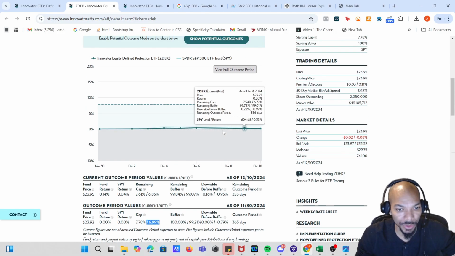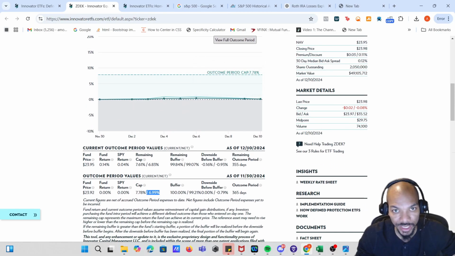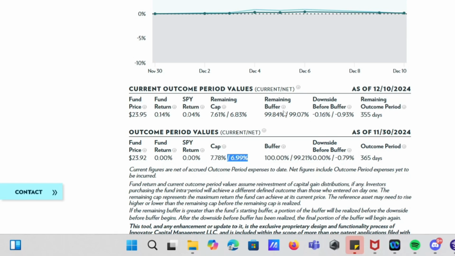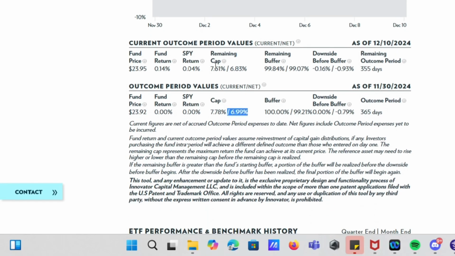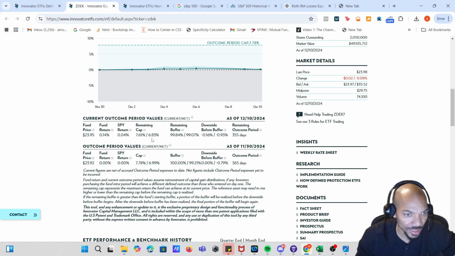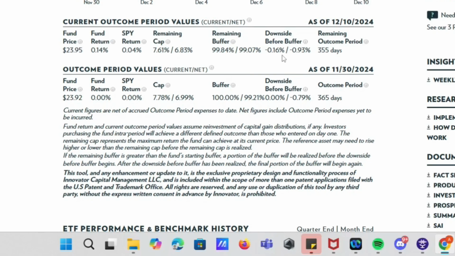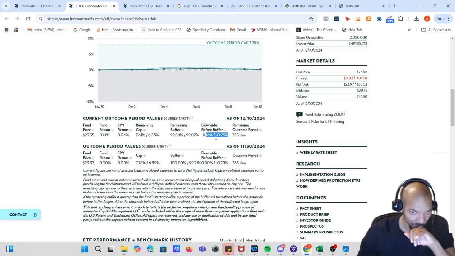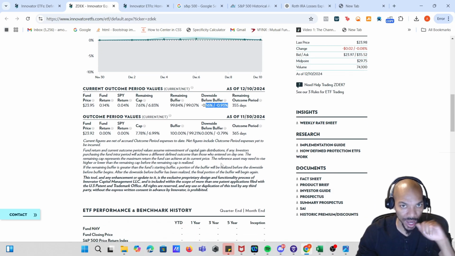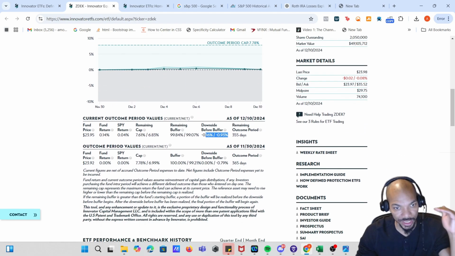Now, for example, here, if you bought it as of 12/10, as you can see, your cap is slightly lower, 7.61, 6.83. The buffer, the first, you can say 0.16, but after you include the fee, the first 0.93, less than 1% loss, you would actually get that loss simply because you didn't buy it, the time period had already started.